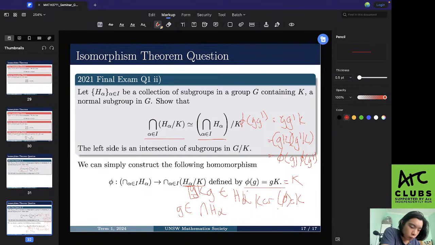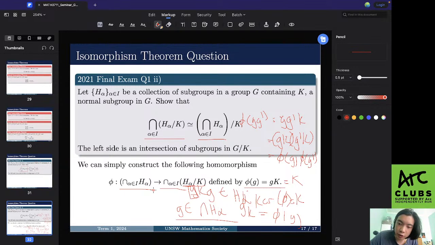And we want to know the image. Well, what we can see is that any element in the form gK, since we know that g has to be in our intersection, actually has a mapping, right? gK is just simply equal to phi of g. So it turns out every single element on the right-hand side has a mapping from the left-hand side, and so we can say that it's surjective.